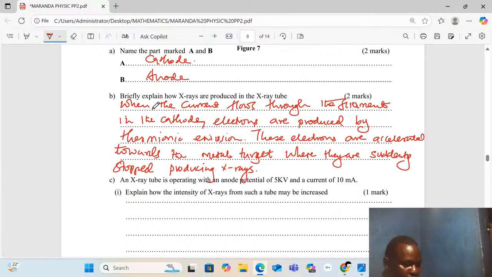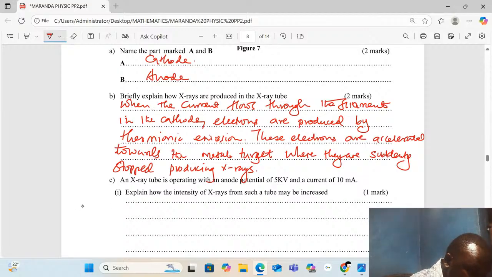An X-ray tube is operating at an anode voltage of 5 kilovolts and a current of 10 milliamperes. Explain how the intensity of the X-rays from such a tube may be increased. This is just a statement you are supposed to give. Intensity means the quantity.